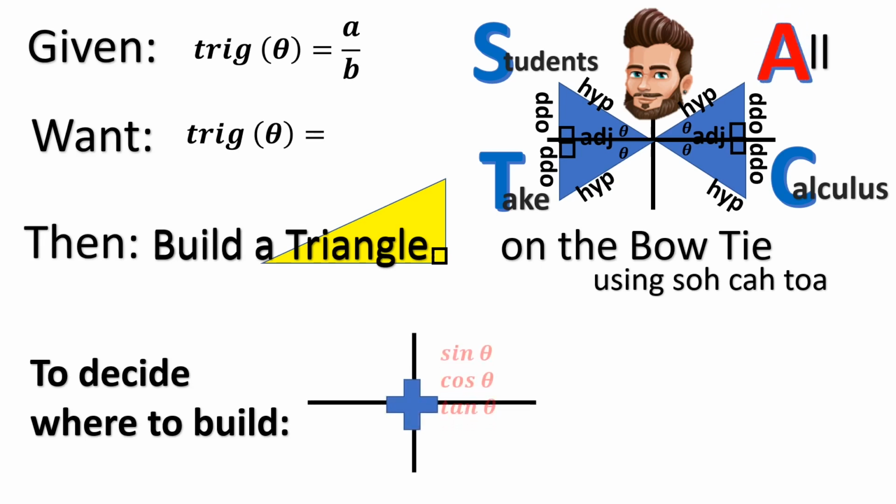A stands for all. The answer to all trig functions of an angle from quadrant 1 are positive. S stands for sine. The answer to sine of an angle from quadrant 2 is positive, and so is its reciprocal function, cosecant.